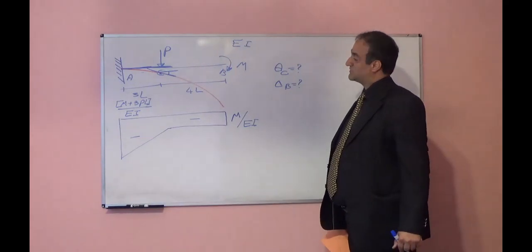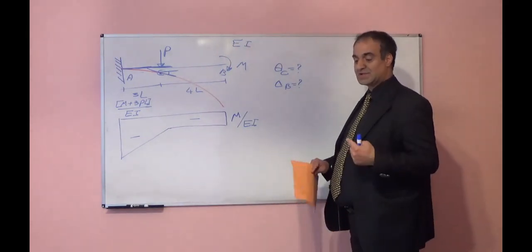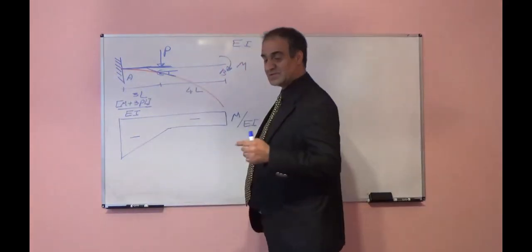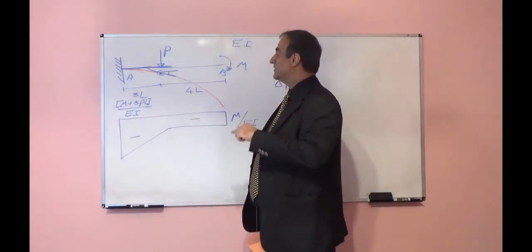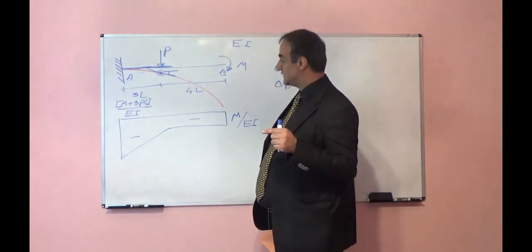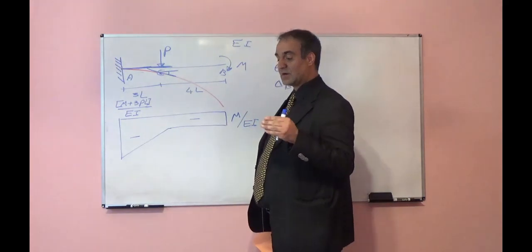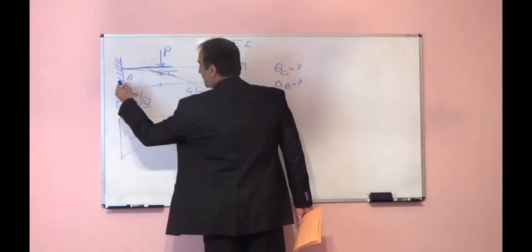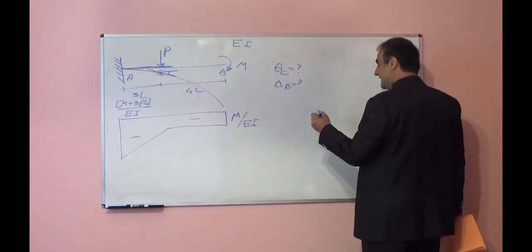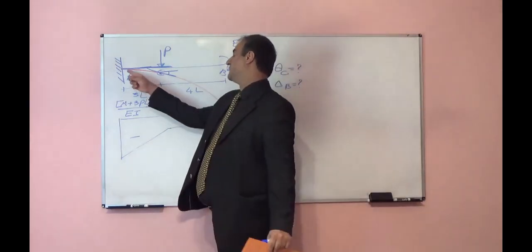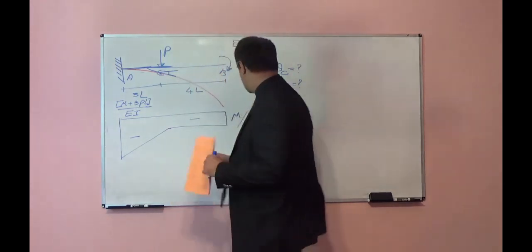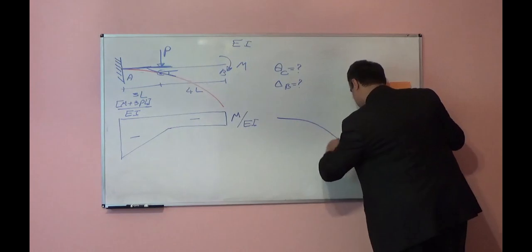The moment area method says that if we draw tangents to the deflected shape of the beam at two points, the angle between those tangents is equal to the area underneath of this diagram from point A to point C. I want to find the angle between the tangent to this deflected shape at point A and the tangent at point C. The deflected shape of the beam is like this.